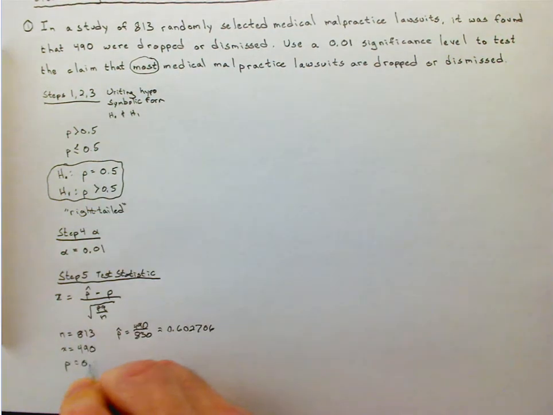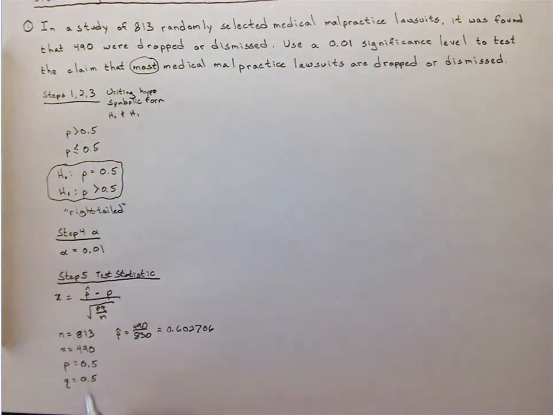P equals 0.5, so therefore Q, 1 minus 0.5, is Q, 1 minus P. So there's my P and Q. I have my N, I have my P, my Q, and my P hat.